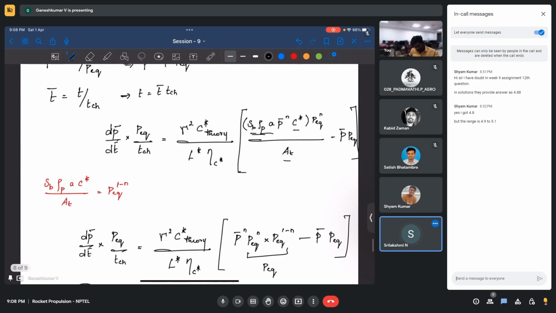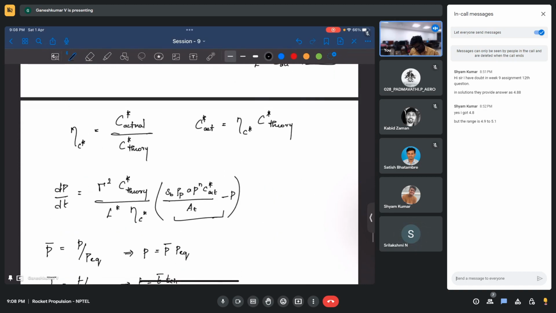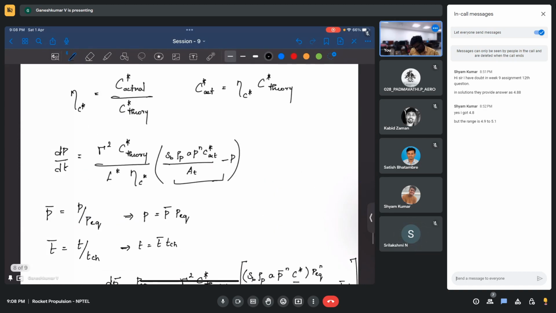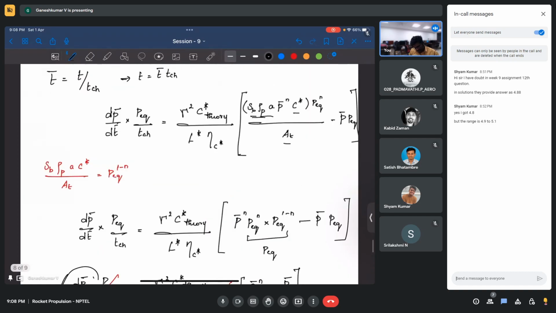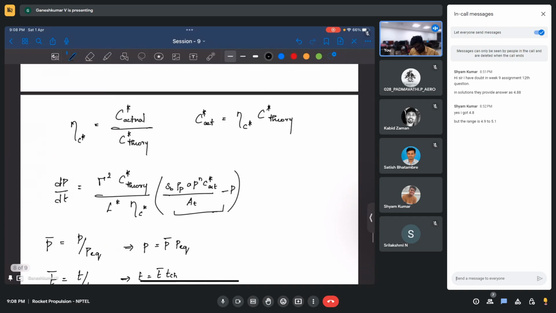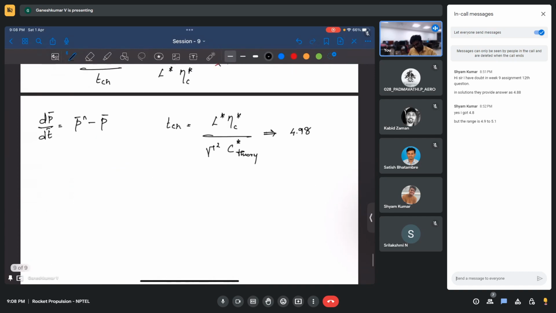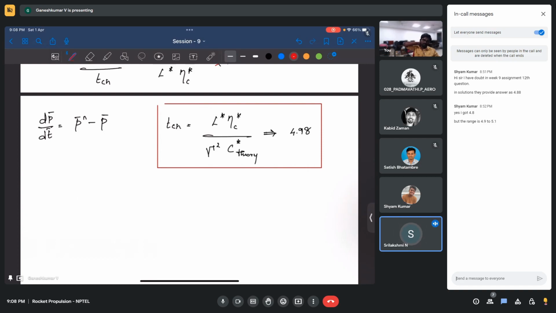Okay, so let's see this. C actual by C star theory. C star theory can be replaced as C actual by C star efficiency. If you find the characteristic time through this, are you getting 4.98? Yeah, by including that efficiency factor, yes.